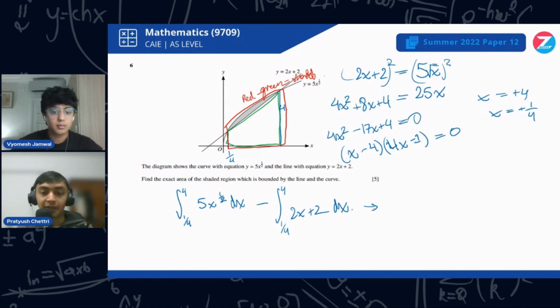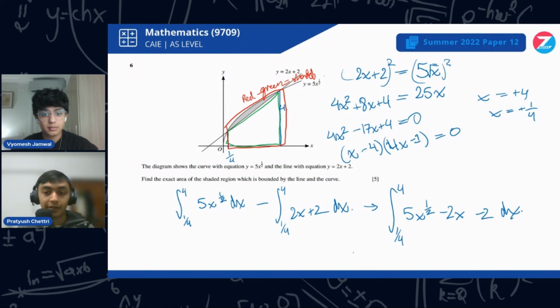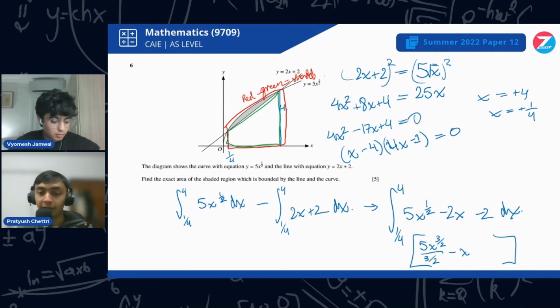I could combine this into one integral: 1 by 4 to 4 of 5x to the half minus 2x minus 2 dx. Putting it together: 5x to the 3 by 2, divided by 3 by 2, minus 2 by 2 x squared minus 2x, limits 1 by 4 to 4.